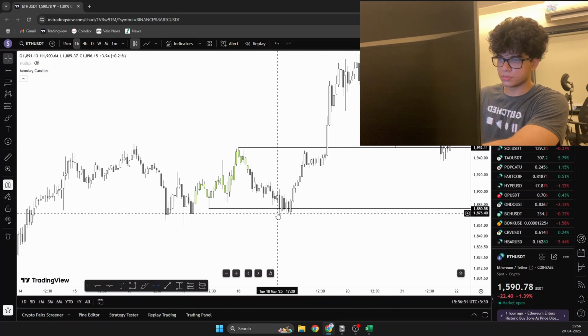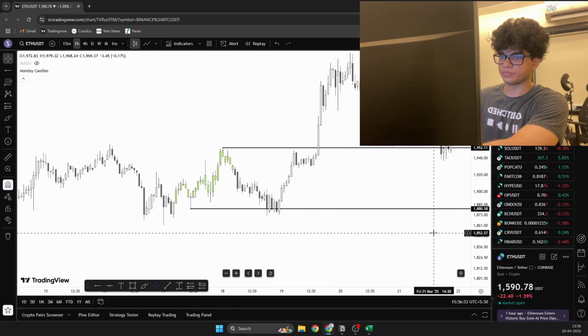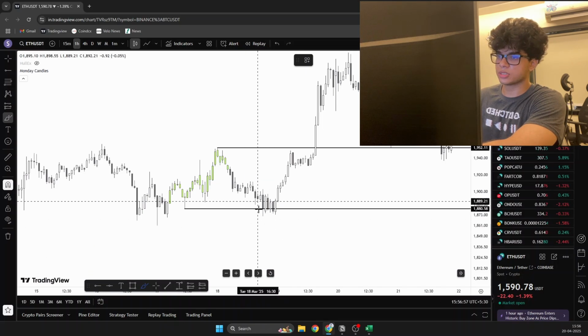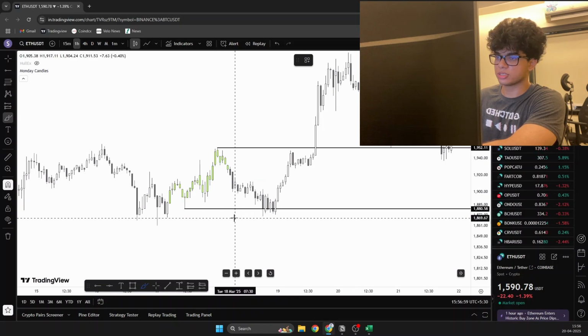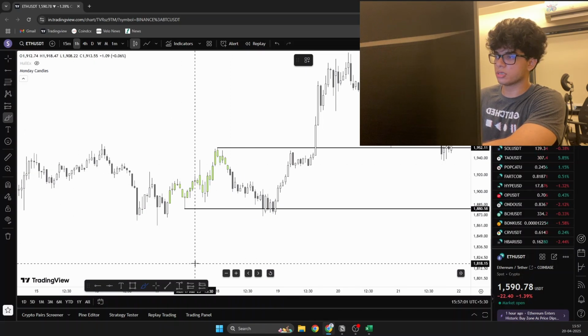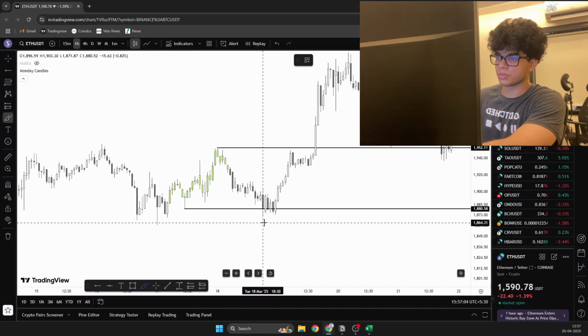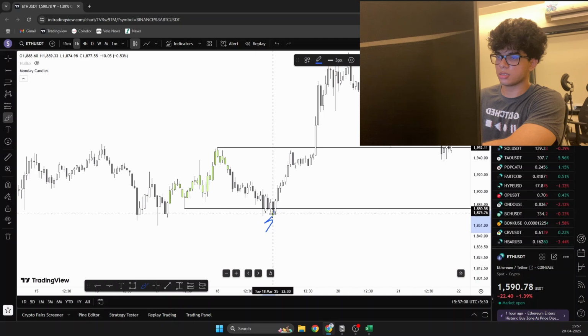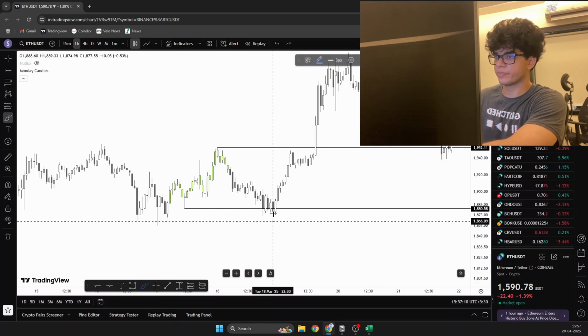So we got one below here, right? As you can see, as soon as price goes below this, as soon as price closes below the low, let's say in this candle, right?